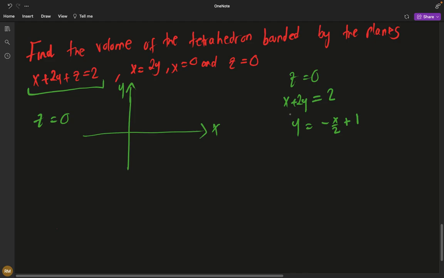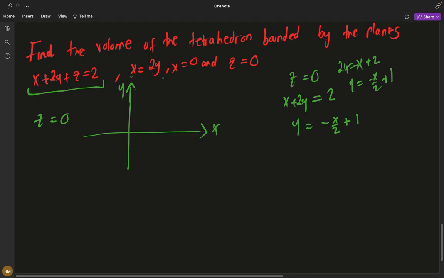Because if you divide by 2, okay, let's see, it's fine. Let's just do it. 2y would give us a minus x and a plus 2, and then y will give us -x/2 + 1, yes.